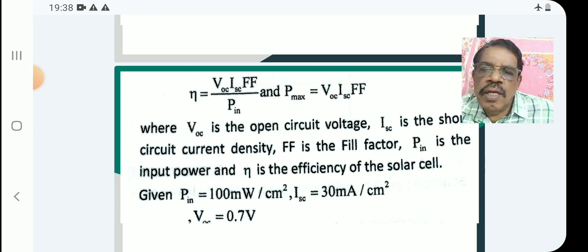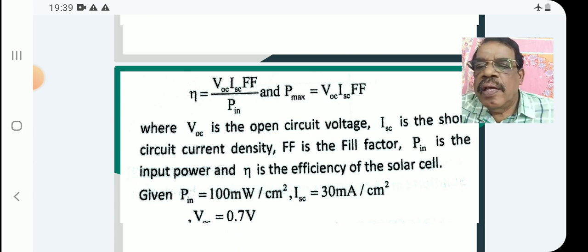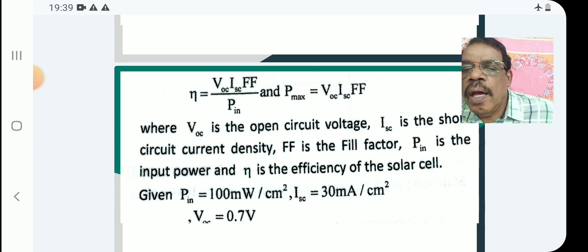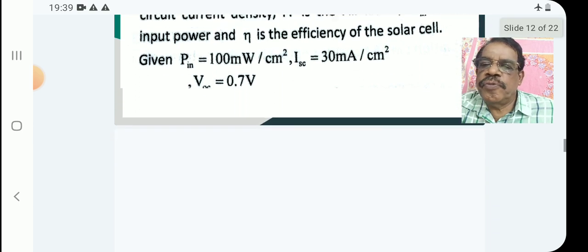All terms in the above expressions are explained. Given P in 100 milliwatt per centimeter square, I short circuit 30 milliampere per centimeter square, and V open circuit 0.7 volt.